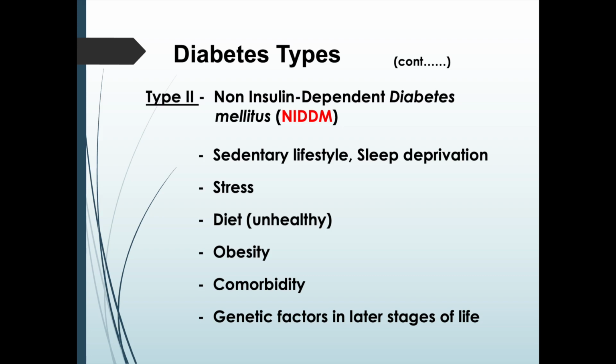And of course, genetic factors. If both mother and father have diabetes, the kids are also going to get it, and unless it is regulated nicely, he or she is going to get it early.